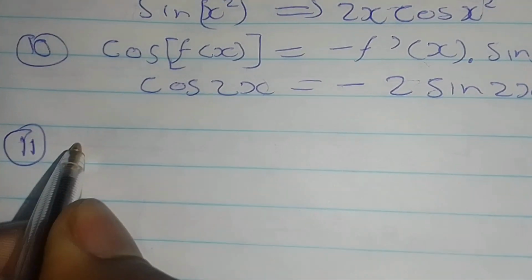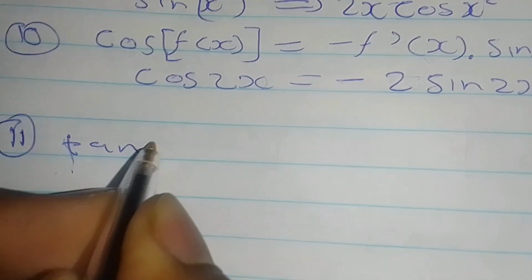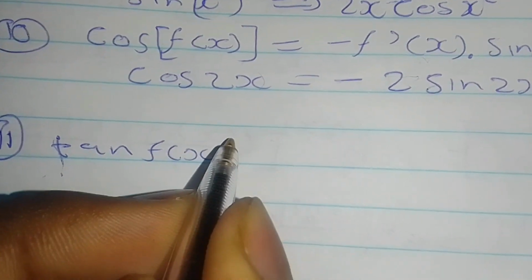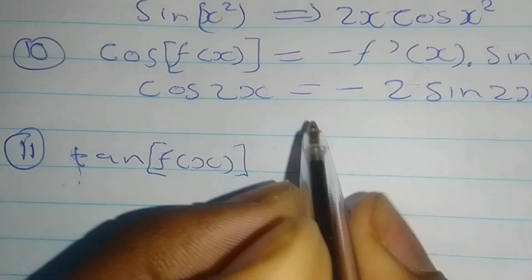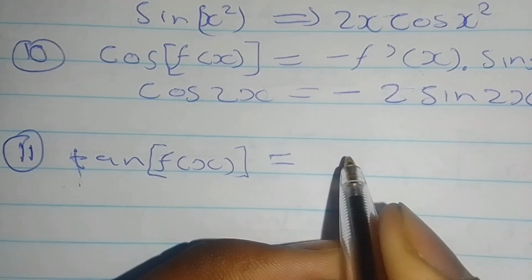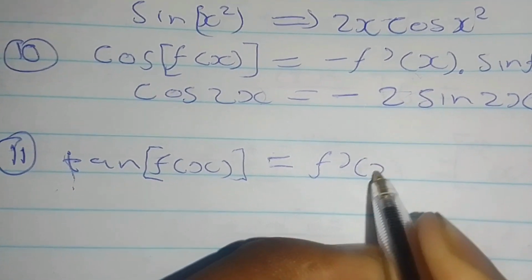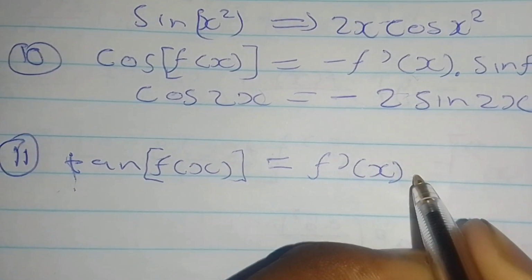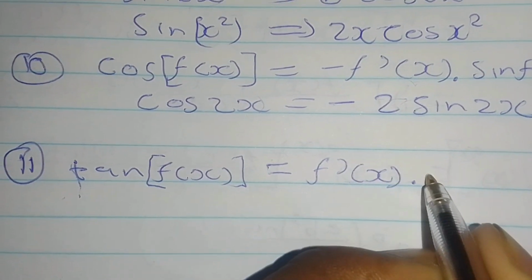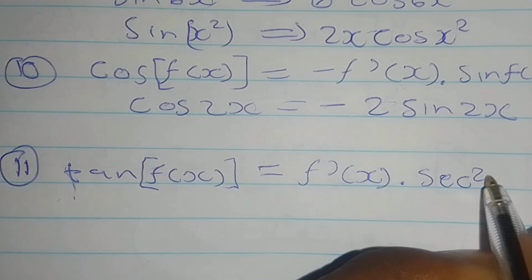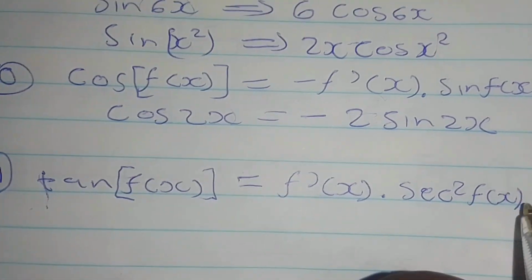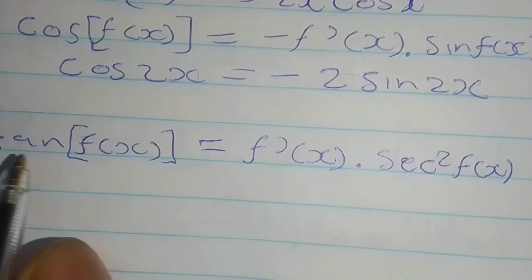Now, what if you're deriving tangent of f of x? This is going to be the first derivative of f of x multiplied by secant squared of f of x. So that's how you can derive this.